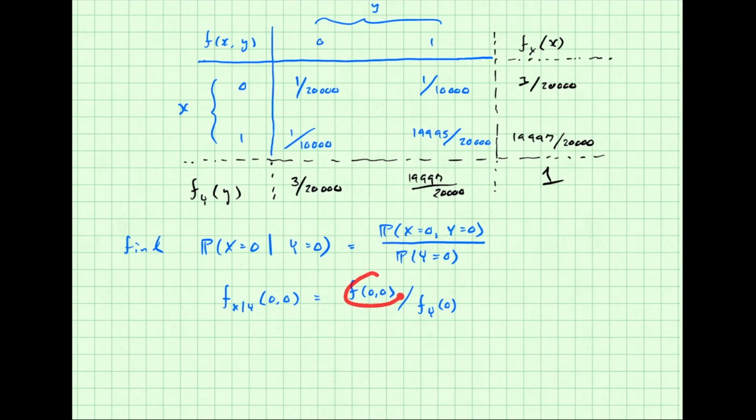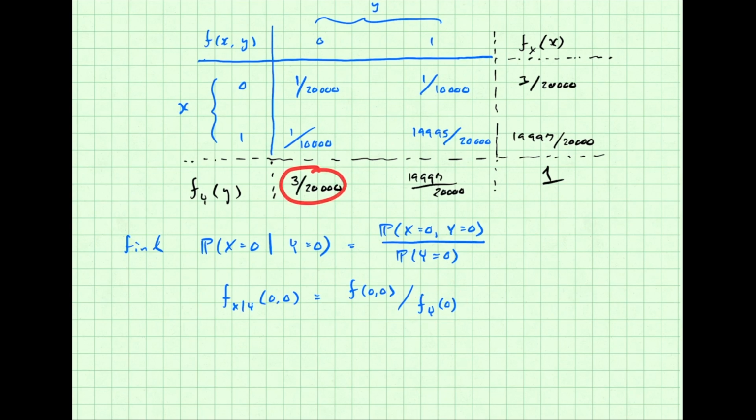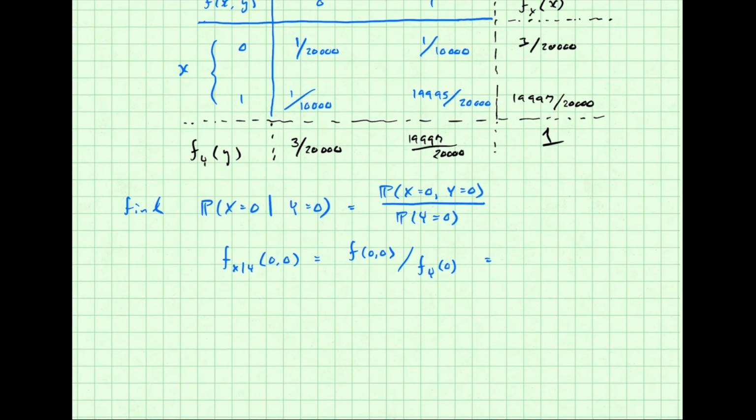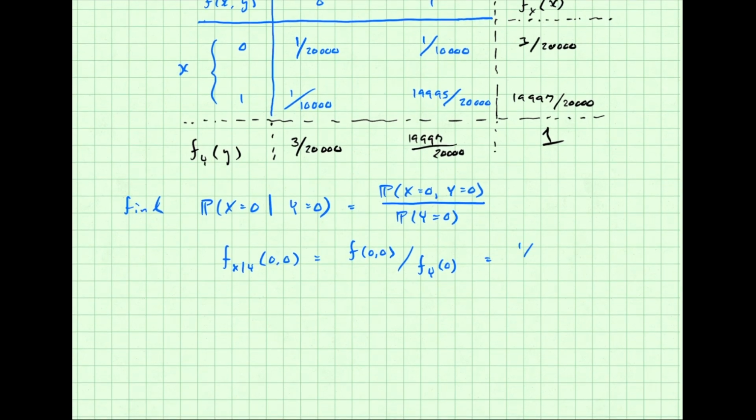So f 0, 0 is this value here, and f y at 0, that's this value here. And so this is equal to, what do we have here? 1 over 20,000 divided by 3 over 20,000, right? Which is a third.